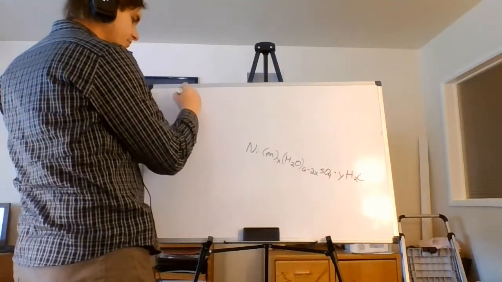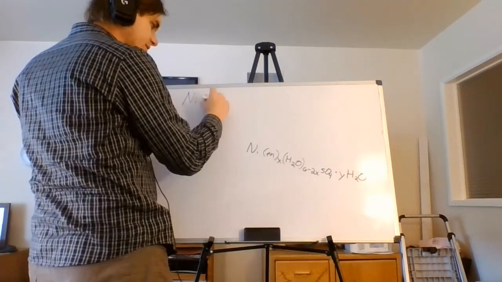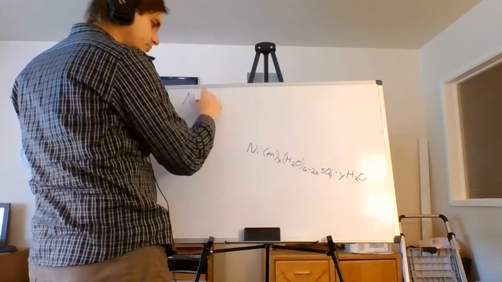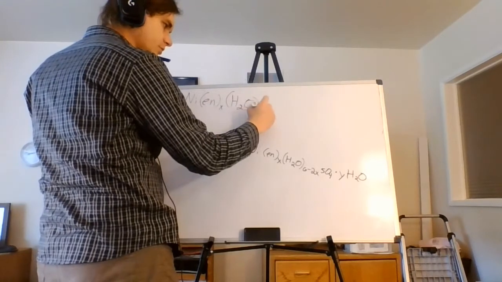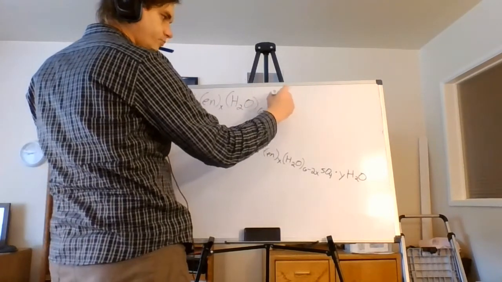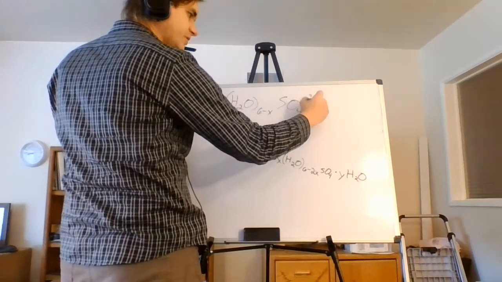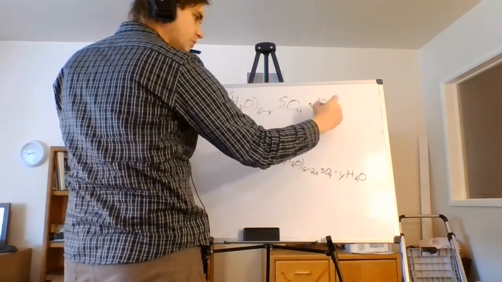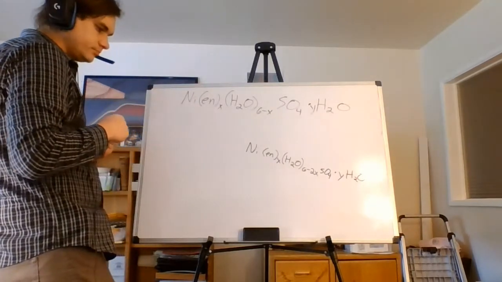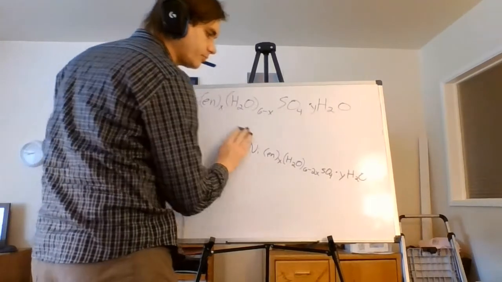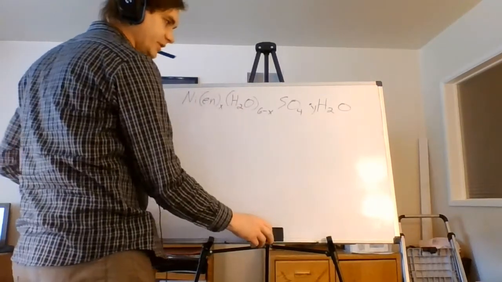So let me just write it up here. We've got nickel, we've got ethylene diamine, we've got water, 6 minus x, we've got sulfates, and we've got y there, the waters of hydration. So our analysis is going to focus on figuring out what this formula is.